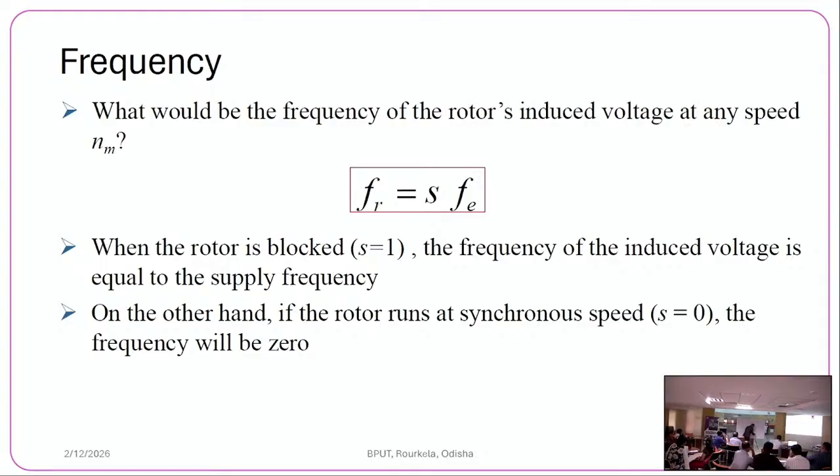Then we also define electrical speed of rotor, that is P by 2 into N mechanical. That way we use mechanical speed and electrical speed. Omega r is also equal to S into omega S. The angular frequency of the rotor is equal to slip times the angular frequency of the stator.